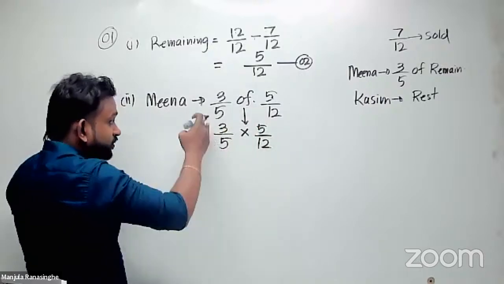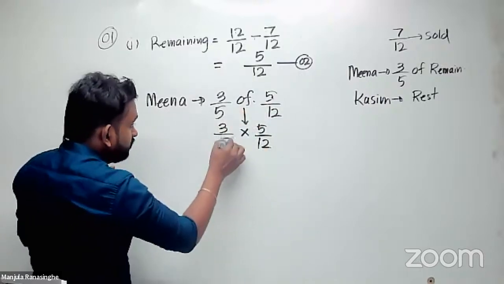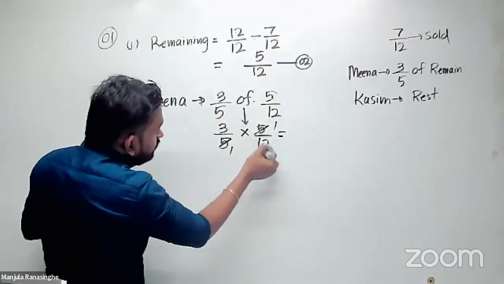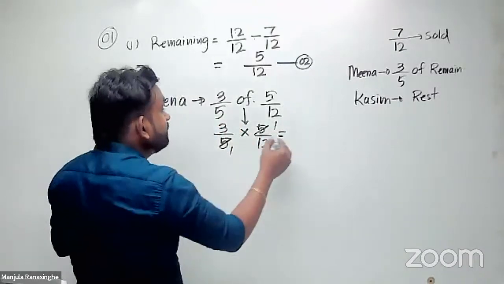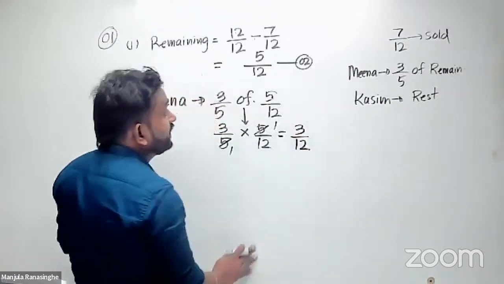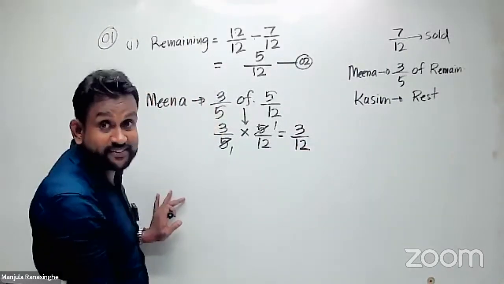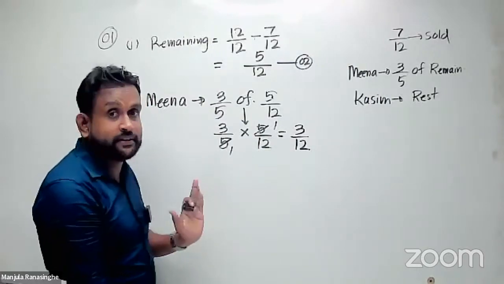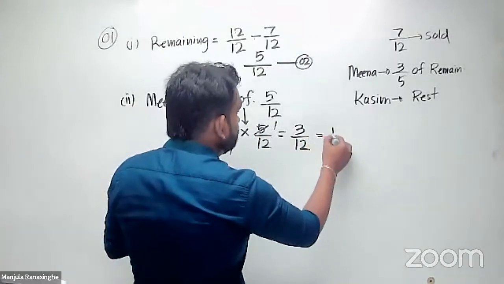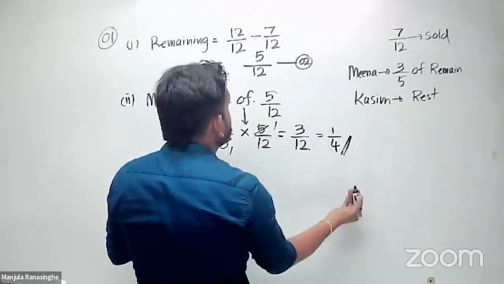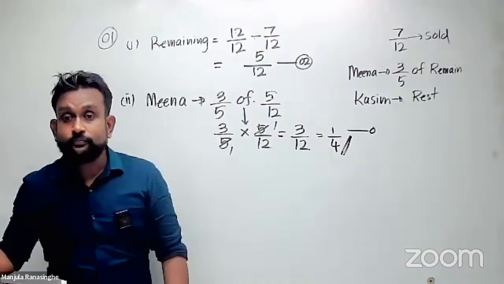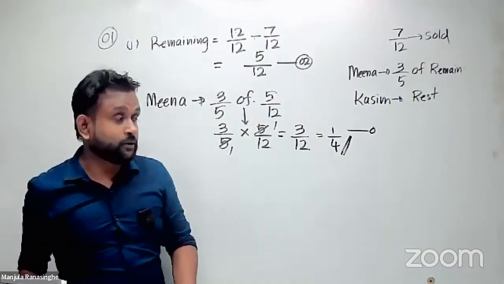Now you can simplify in this manner: 5 and 5 give 1, 3 and 12 give 1 and 4. I keep 3/12 here for easy reference in my calculation, but it is better to simplify it and write it as 1/4. That is the final answer. So you have 2 marks here.